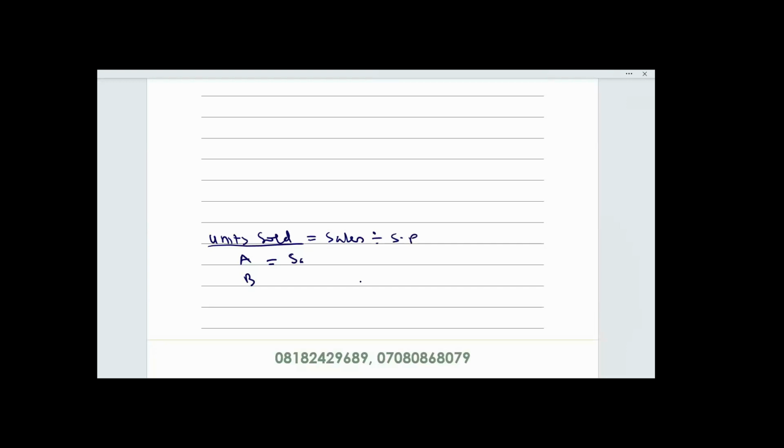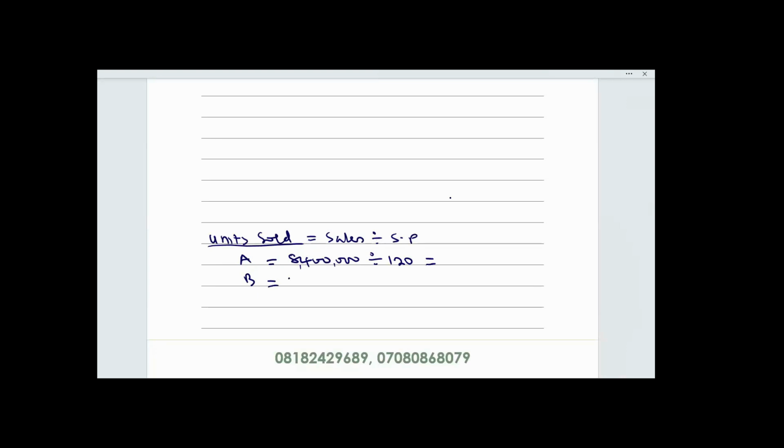So for product A, sales of product A is 8,400. Our figures are in thousand, so let's write it out in full. Selling price of product A is 120.